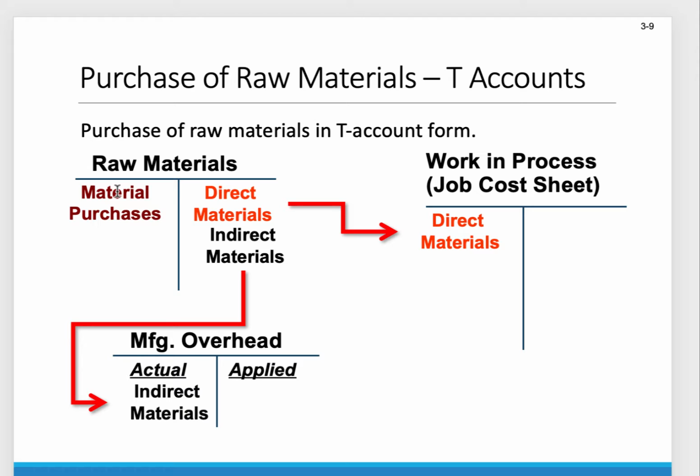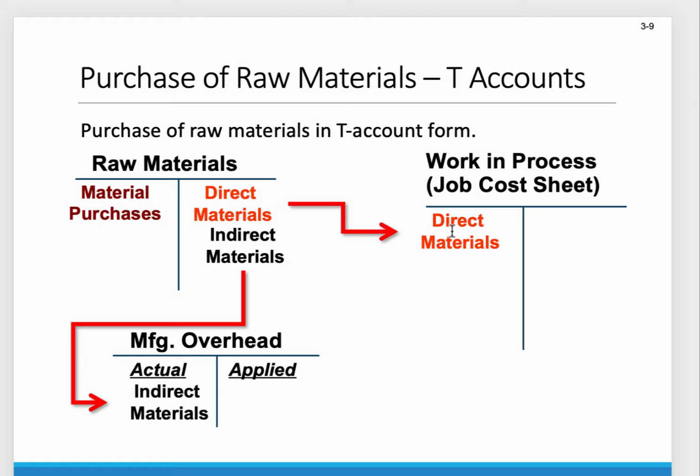So as those materials flow over to the production side physically, what happens on the accounting side of things? Well, the direct materials need to leave raw materials and go to the work in process account. Okay, so we need to decrease raw materials, we need to increase WIP.